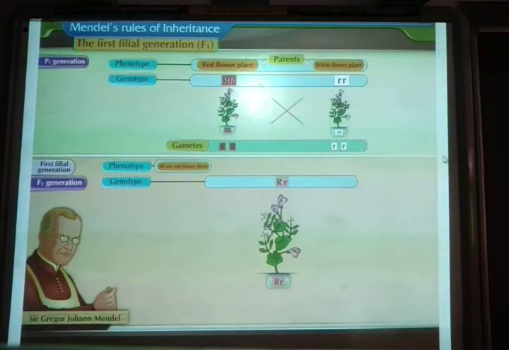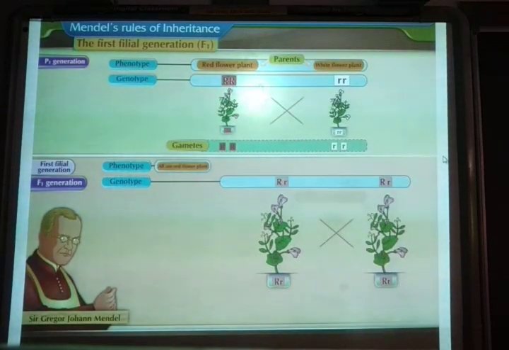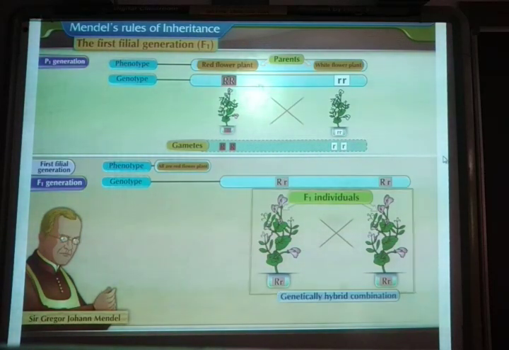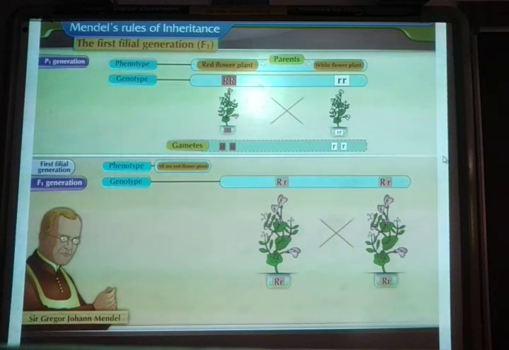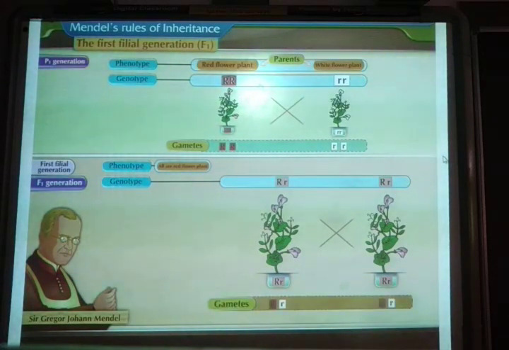Mendel was curious to find out the result if he crossed two F1 individuals having this genetically hybrid combination. Mendel thus continued his experiments with these F1 plants. These F1 hybrid plants during gamete formation produced two different gametes, namely capital R and small r.